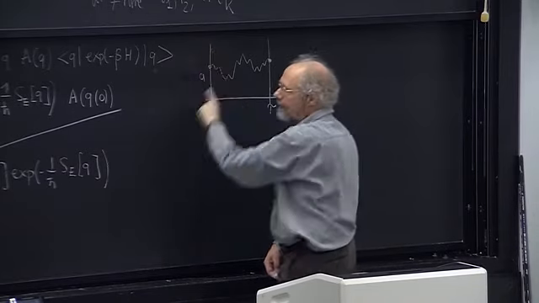But here q, in this formula, is q at time 0. So that's why I inserted A of q at time 0. Is this clear?